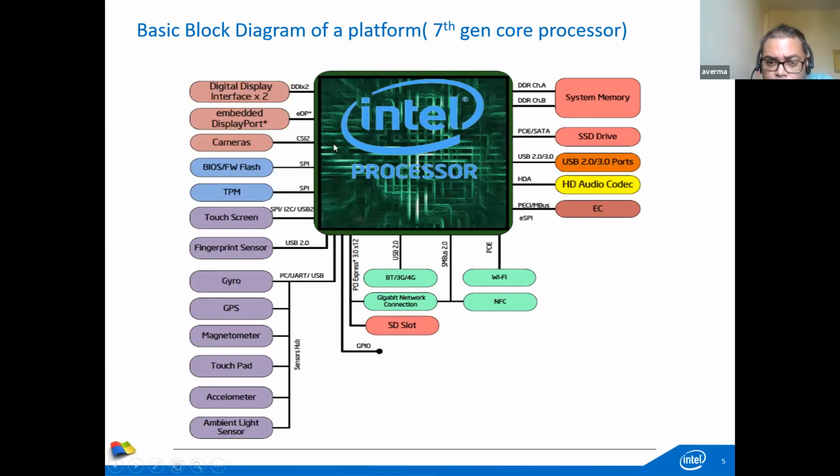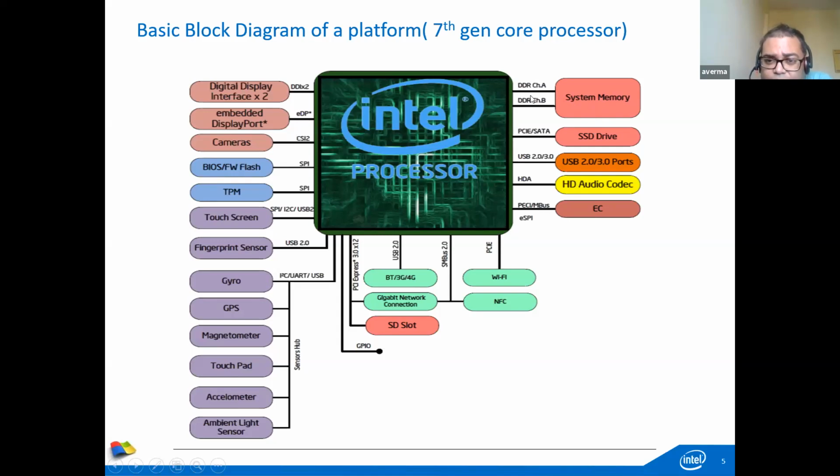So if you think about what this Intel processor will consist of, we already know about the central processing unit, graphics processing unit and cache, but along with that it will require controllers which can communicate to these devices through the interfaces mentioned here in this platform diagram. Okay, so for example, if you want to communicate to the system memory, you need to have the DDR controllers.